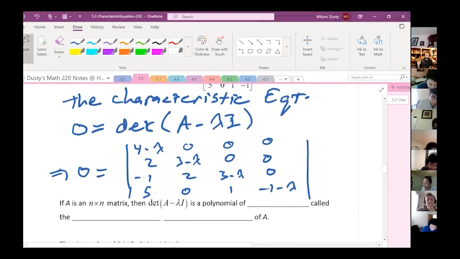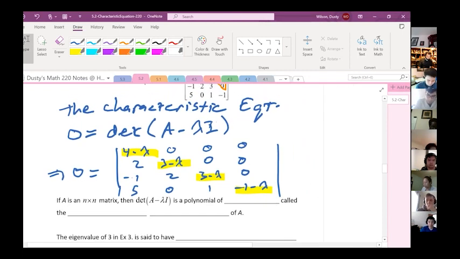And if you want to find the determinant of a triangular matrix, what do we do? I think we've talked about this before. So from Dibs and Felix and Kevin, we're going to take all these diagonal entries and multiply them together.